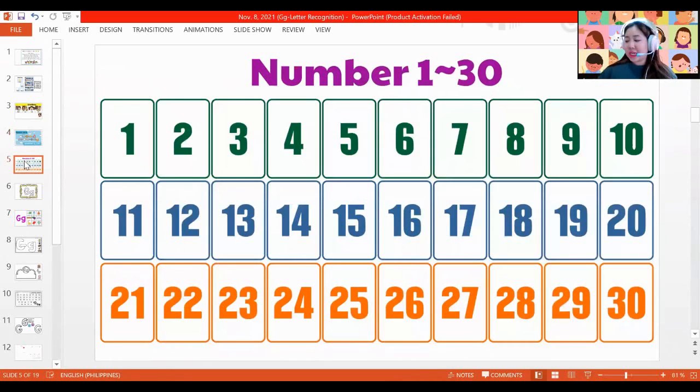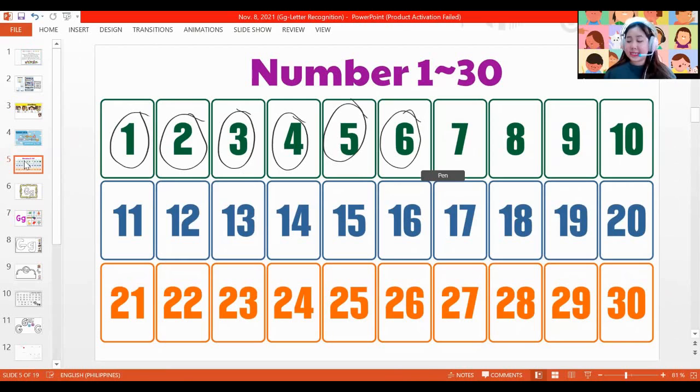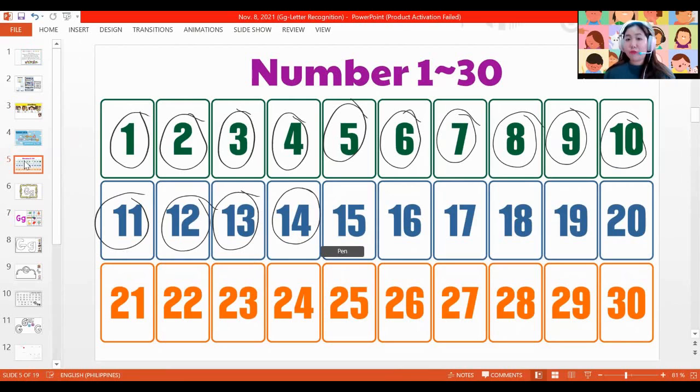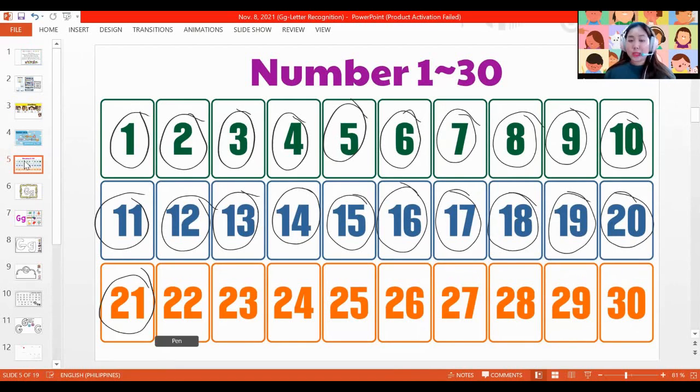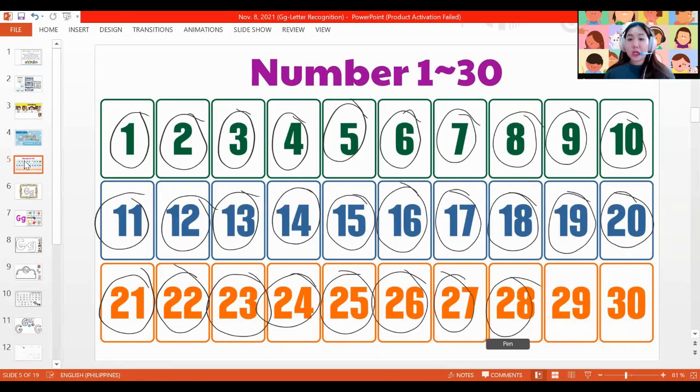Before we start with the letter G, let's count from 1 to 30. So count together with teacher. 1, 2, 3, 4, 5, 6, 7, 8, 9, 10, 11, 12, 13, 14, 15, 16, 17, 18, 19, 20, 21, 22, 23, 24, 25, 26, 27, 28, 29, and 30.